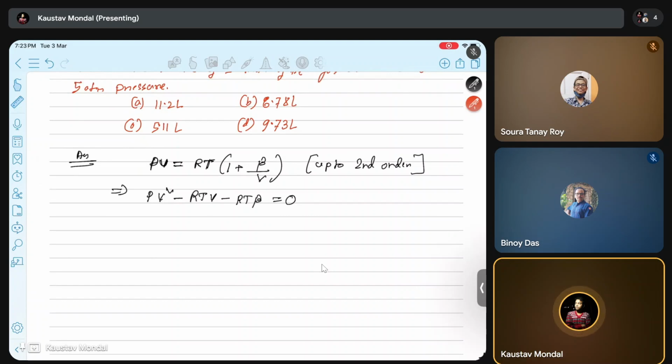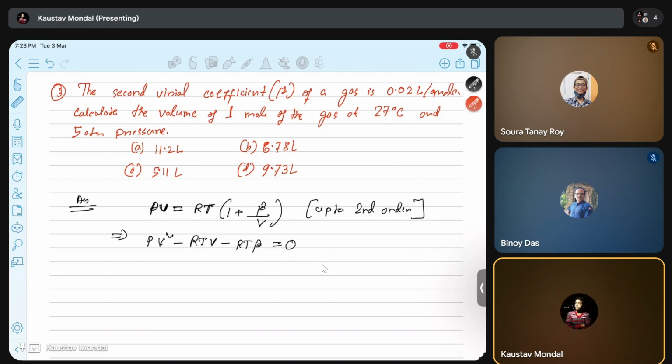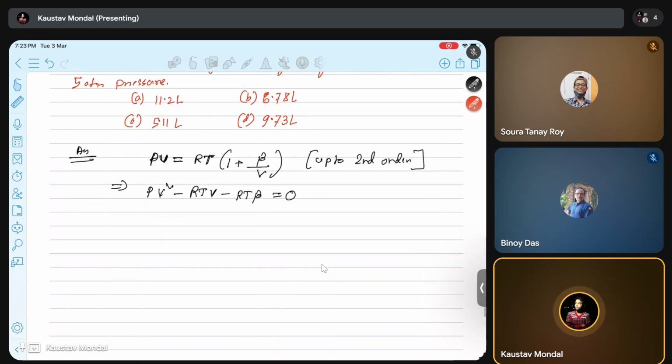If you find the roots, they are the volume that you want to calculate. The roots will be RT plus or minus the square root of R squared T squared plus 4RT P beta, divided by 2P.